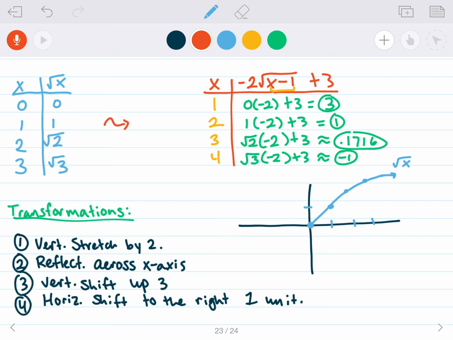So maybe somewhere up here. 2, 1. 3, 0.1716, something like that. And then 4, -1. Something like this. I'm not the best at drawing these graphs, so let's try that again. So maybe it looks a little something like that.